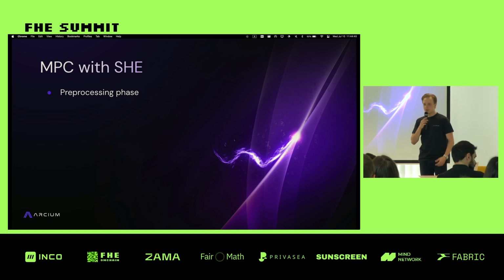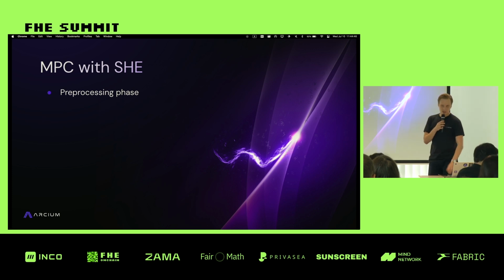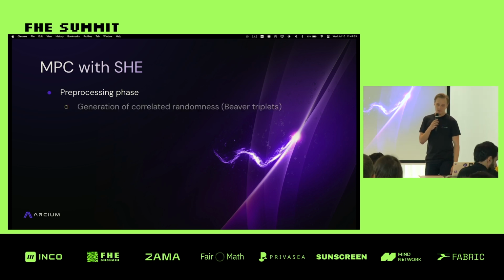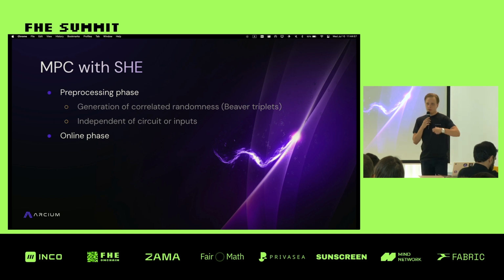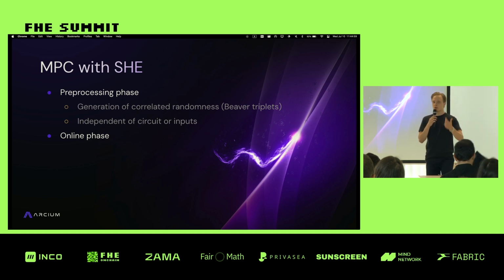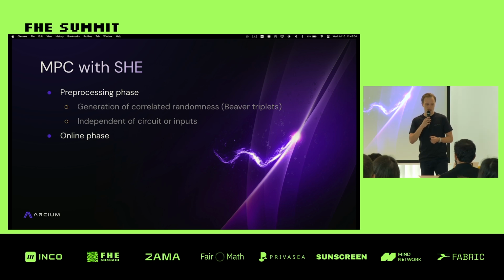So essentially, what we're working with are MPC protocols in the pre-processing model, which means that the entire computation is split into 2 parts: a pre-processing phase and an online phase. And the pre-processing phase is completely independent of the circuit that's being executed and the inputs that are being used.